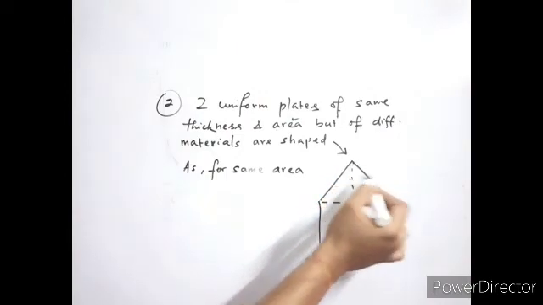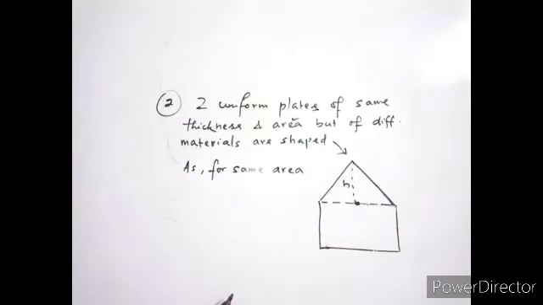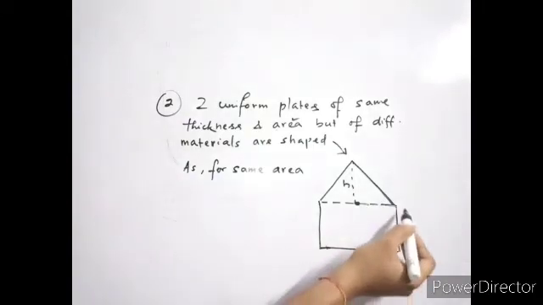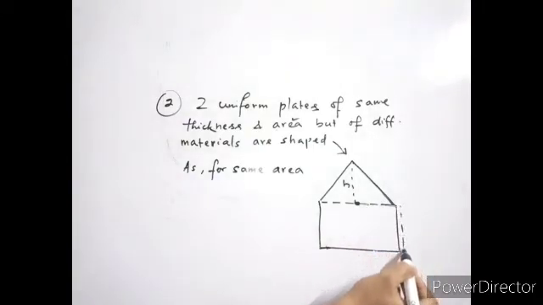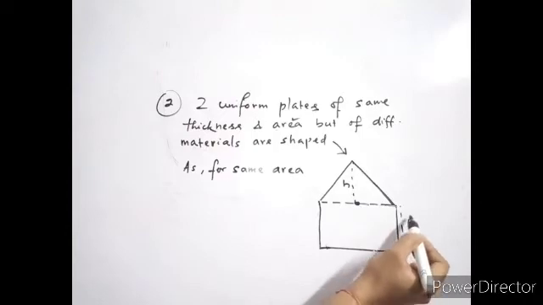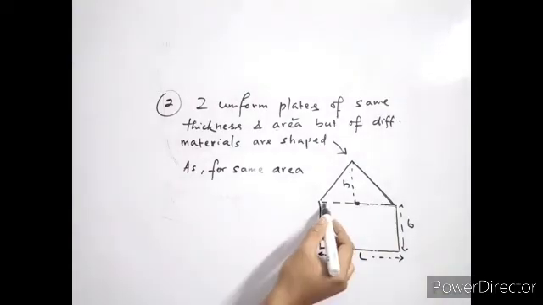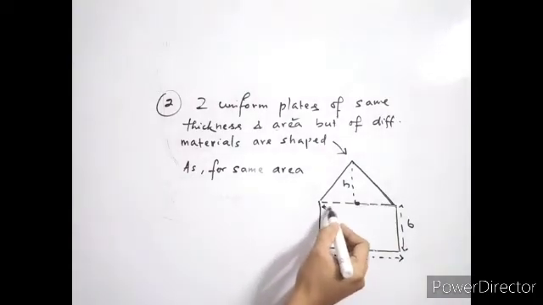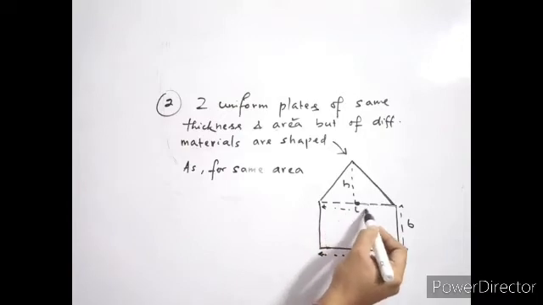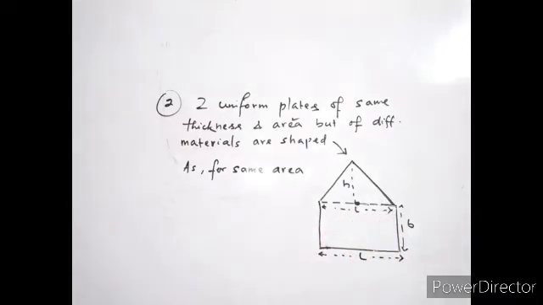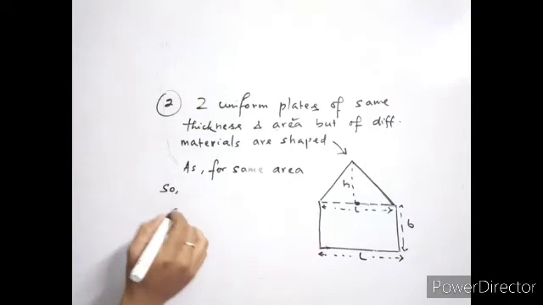let's take the height of the triangle to be h, the breadth of the rectangle to be b, and the length of the rectangle to be equal to L, right? Length L, breadth b, and then we have the diagonals. So the top side is also L, the common side.